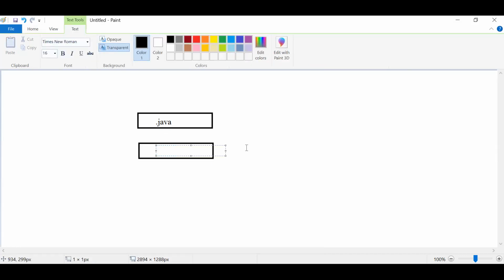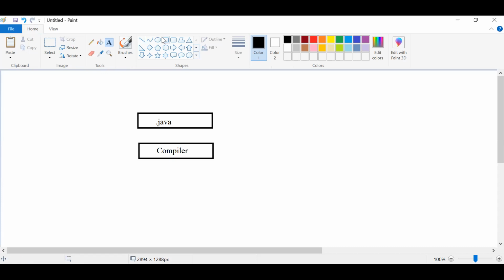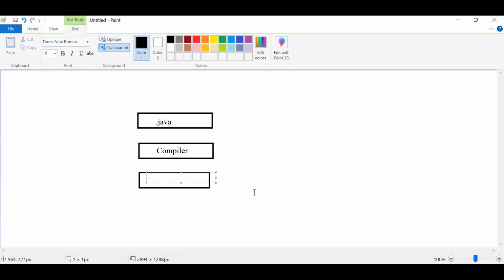Just we have to use the compiler. And here you have to use dot class.